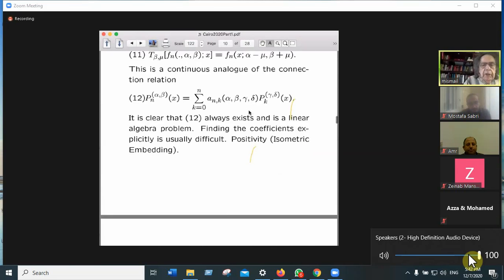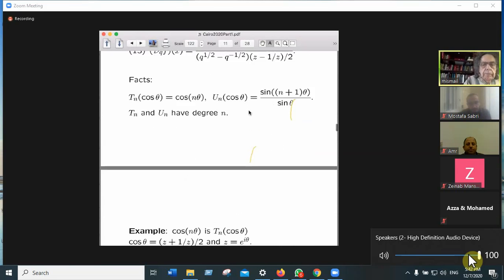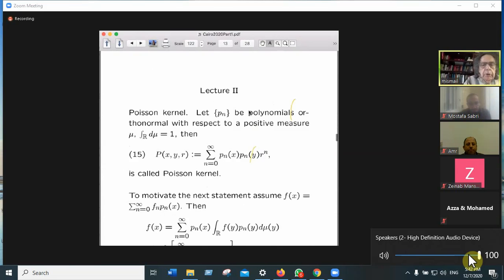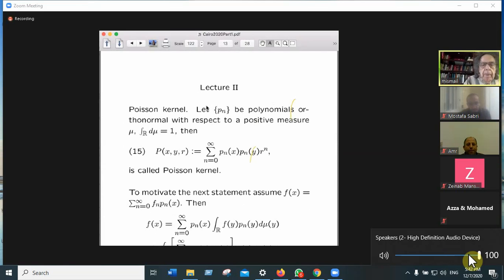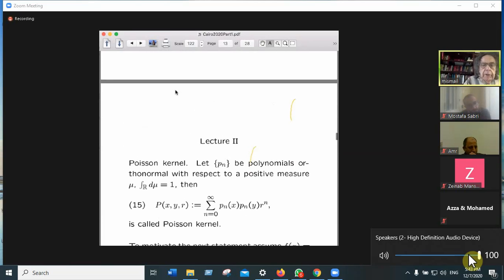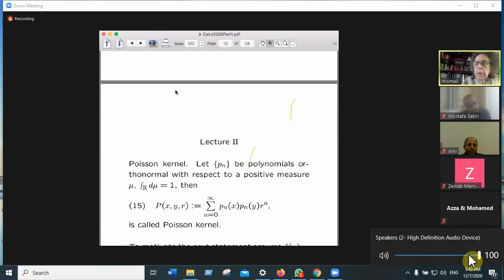So the next time, what I want to do is to define what Poisson kernels are, and from there get the key to the fractional integral operators. Okay, I think I better stop.